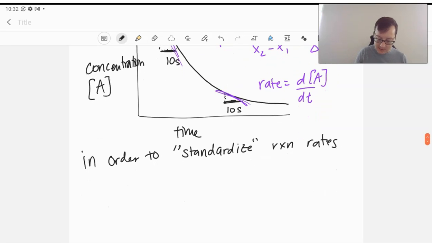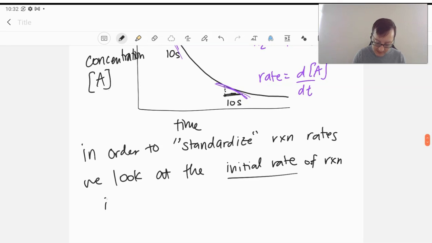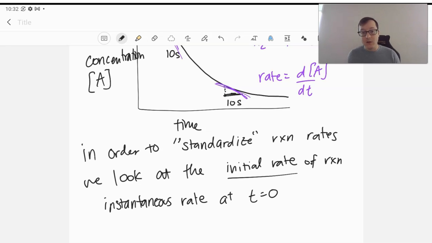We call this the initial rate of reaction, and that initial rate is essentially the instantaneous rate at time 0.